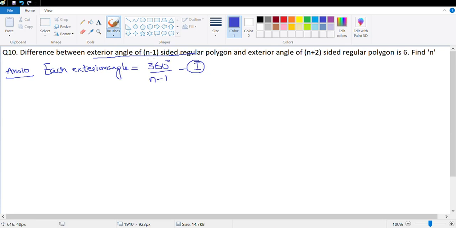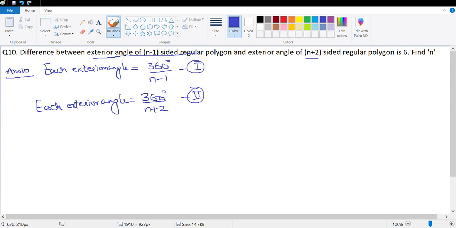For the second case, each exterior angle will be equal to 360 degrees upon how many sides? n plus 2. So upon n plus 2. That's my equation 2.